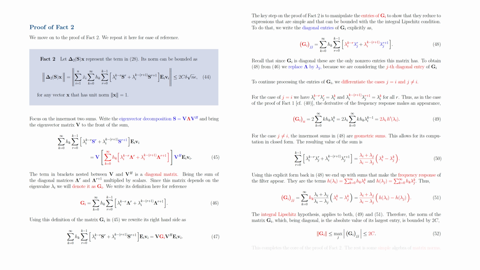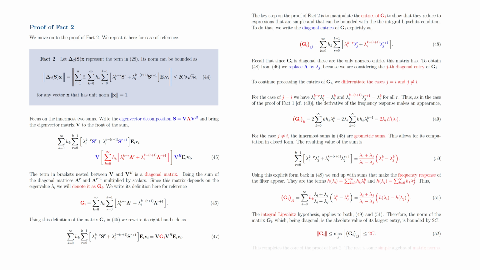It is time for us to make the crucial observation in the proof of fact 2. That observation is that the integral Lipschitz hypothesis applies to both the term that appears in 49 and the term that appears in 51. The bound in equation 6 applies to 49, and the bound in equation 5 applies to 51.